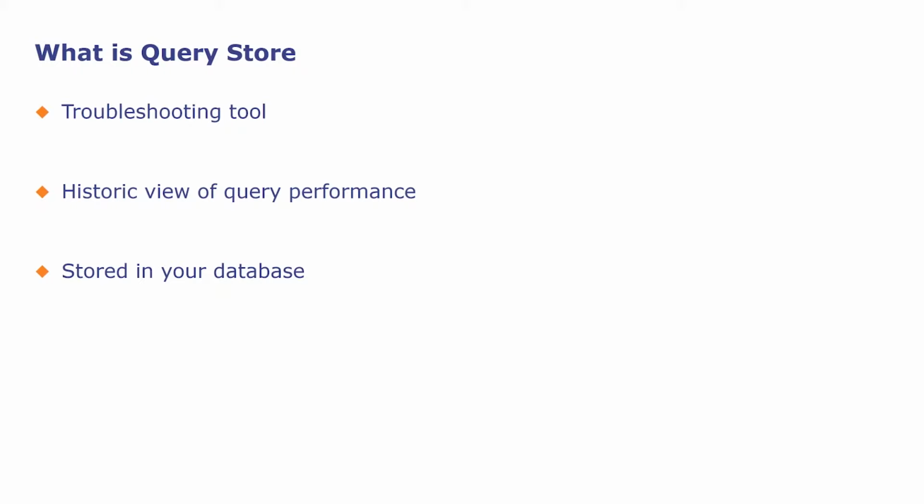A problem we often have with SQL Server query plans is that your query works well at the start and later your query performance degrades rapidly. With Query Store, you can easily analyze this and check out what went wrong with your SQL Server query. Query Store is a troubleshooting tool which gives a historic view of your query performance, and it is stored inside your SQL Server database.